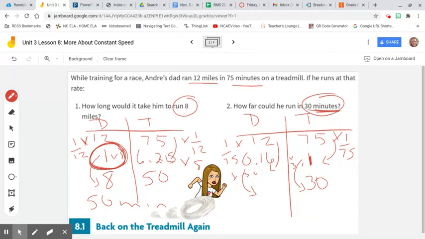So we have 0.16 times 30 equals 4.8, or 4 8/10 miles. So the answer to question 2, how far could Andre's dad run in 30 minutes, is 4 8/10 miles.